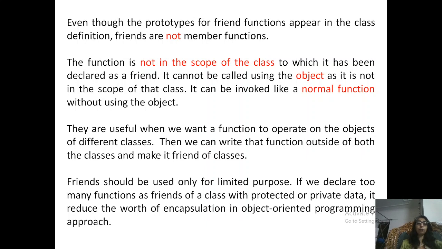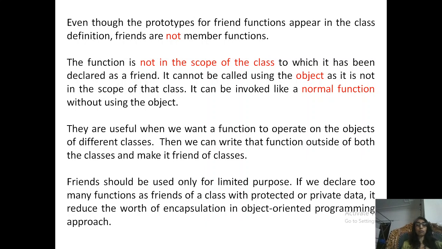Now friend should be used only for limited purposes. Remember, we should not use friend functions frequently, because even if it gives access to the desired function only, it still reduces the worth of encapsulation.